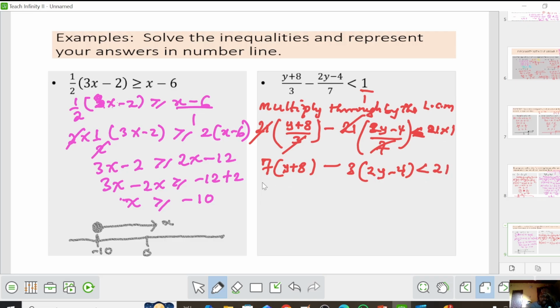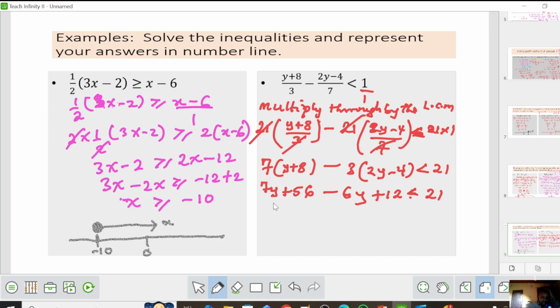So if I open the brackets, it gives me 7y, 7 times 8 gives me 56, 56 minus 3 times this, that is 6y, plus 3 times minus 4 gives me plus 12, less than 21. Minus times minus gives plus.